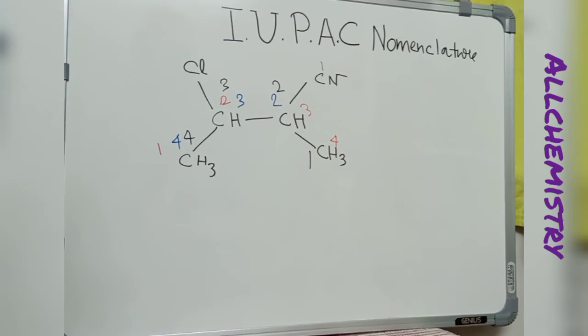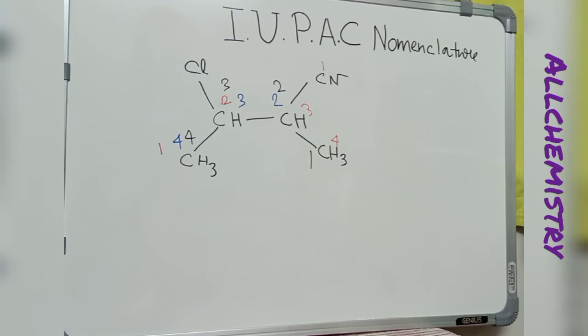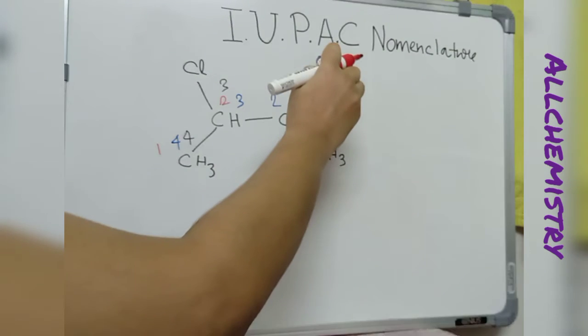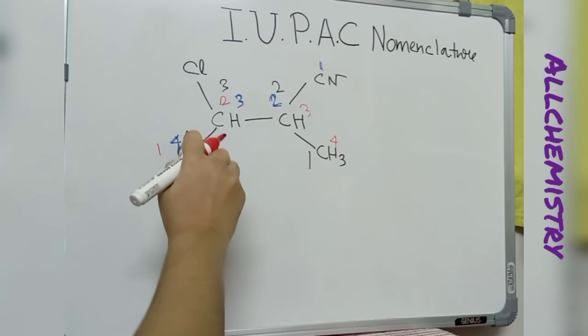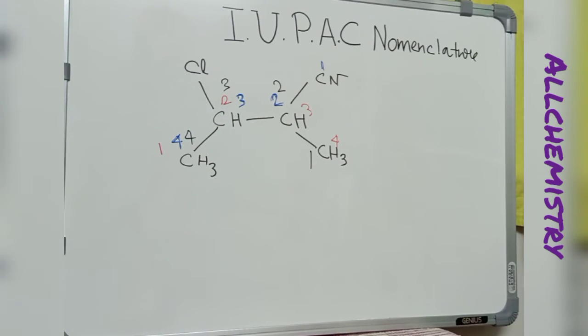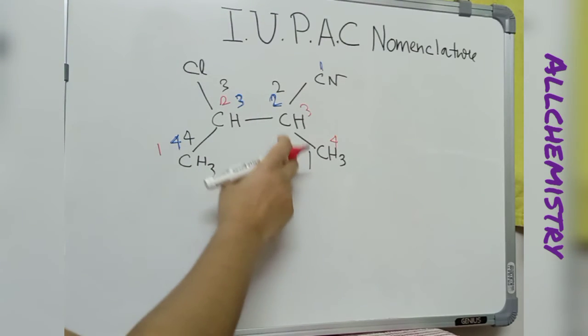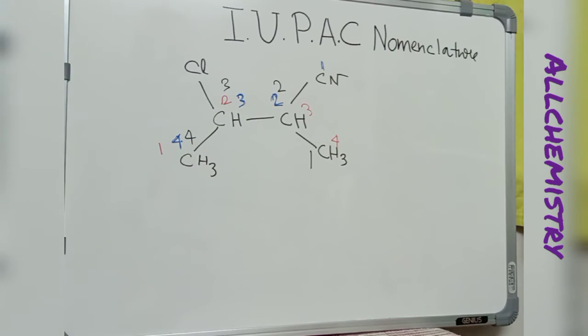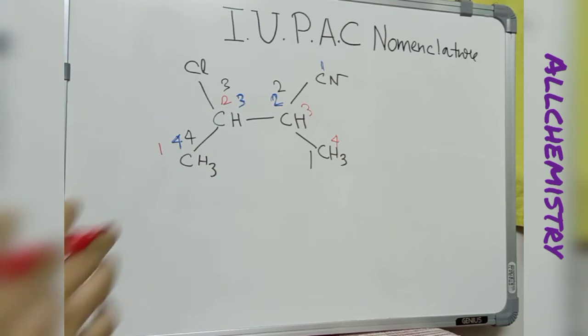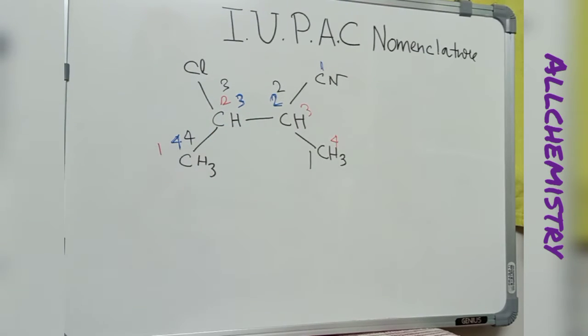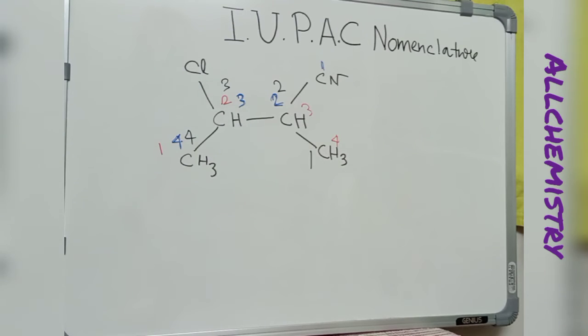Now the question is, which one will we choose? We have to choose the blue one, 1, 2, 3, 4. Why? Because we have the longest carbon chain here. If we take 1, 2, 3, 4, we have 4 carbons. In this case also we have 4 carbons. But we have to give the least number to the substituent.